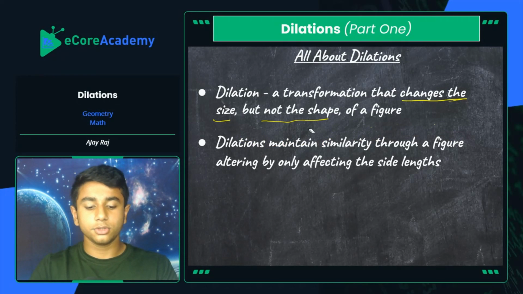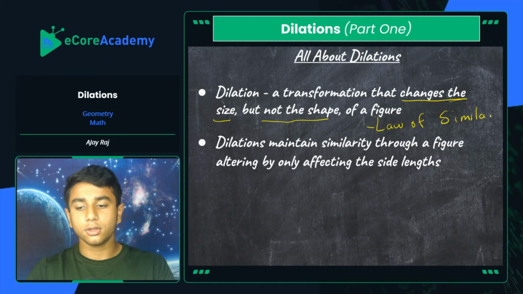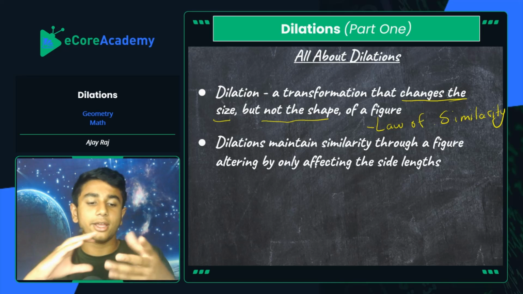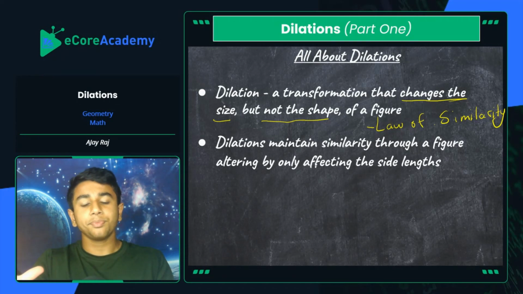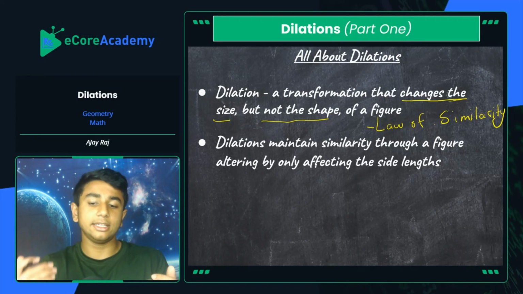Since it follows the law of similarity, that means dilations maintain similarity through a figure altering by only affecting the side length. So what that's saying is, since a dilation is affected by the law of similarity, it changes a figure by altering its size, but it still maintains similarity.